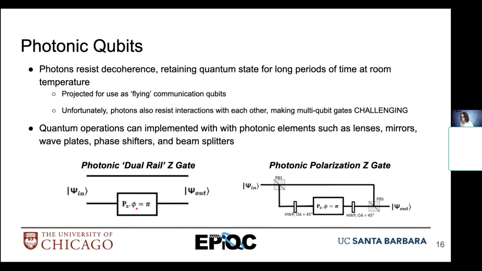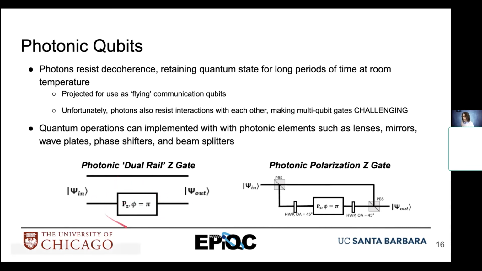If it's in the bottom rail, we're in a state |1⟩. What do we know about our phase flip or Z gate? Well, it only acts on the qubit |1⟩ element. So if we're in state |0⟩, we have no observed phase change. But if we're in state |1⟩, we have a phase shift.